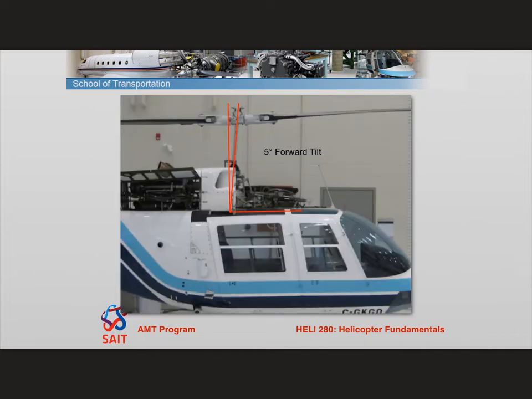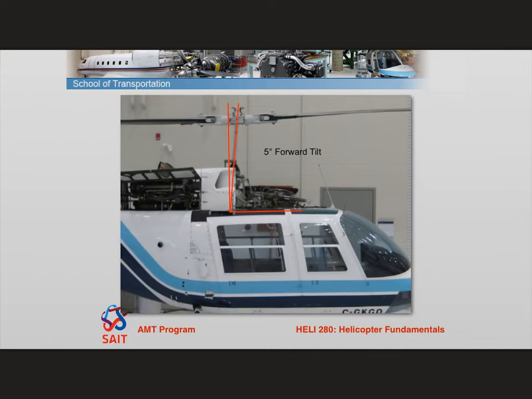The other thing that the manufacturers do is they mount the mast not at 90 degrees to the airframe. And so in this example here, you can see that the mast is at a 5-degree forward tilt, and that's what these angles here are trying to show you. That means when the airframe is sitting level, so ideally level in flight, then the aircraft will have the rotor system already biased forward, so that way in forward flight, the airframe can sit more level.